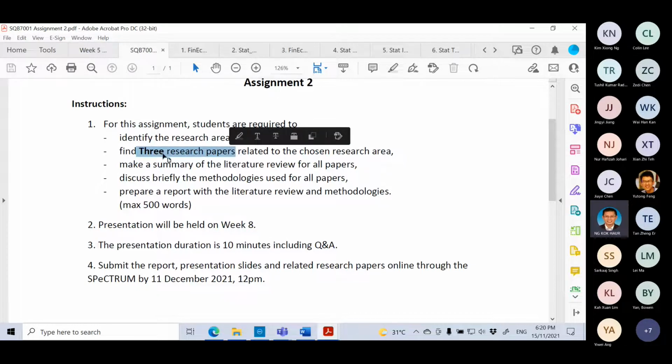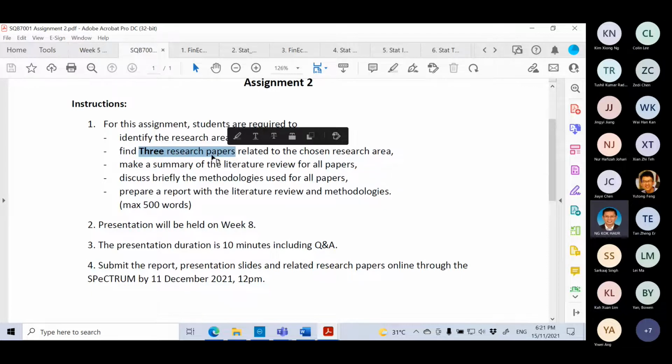Therefore, these 3 papers must be related, otherwise you will be summarizing different things. So we don't have to summarize the literature review section inside the papers beyond these? On these papers only. What you understand after reading the paper, you just summarize the literature review section of these 3 papers. That's all.